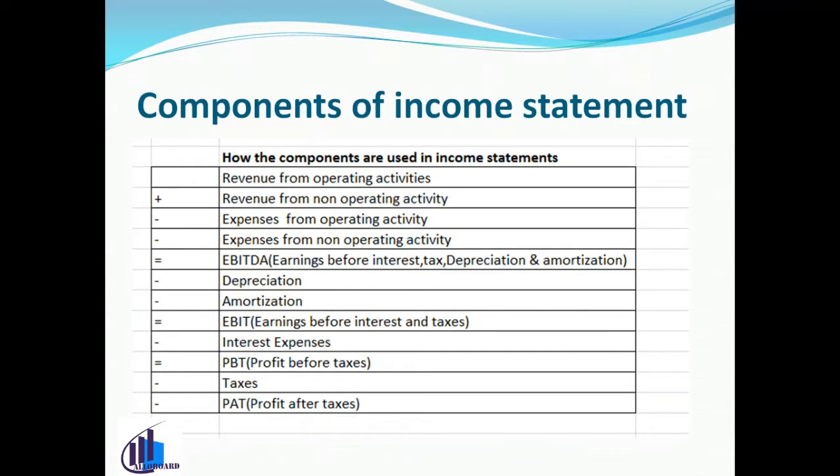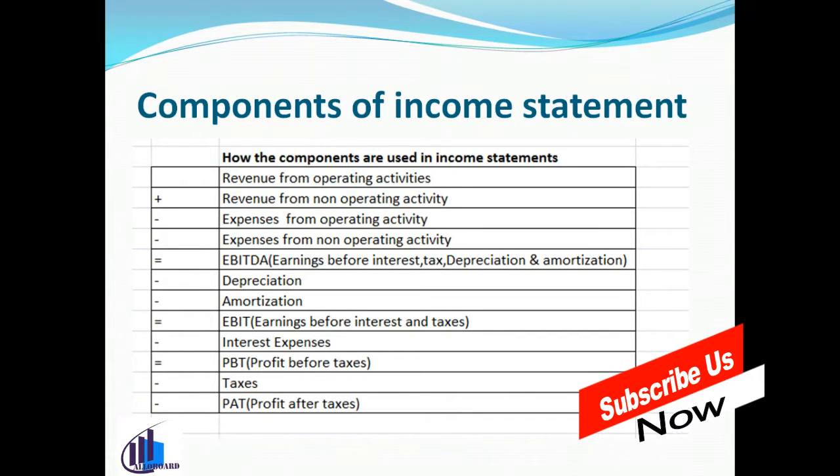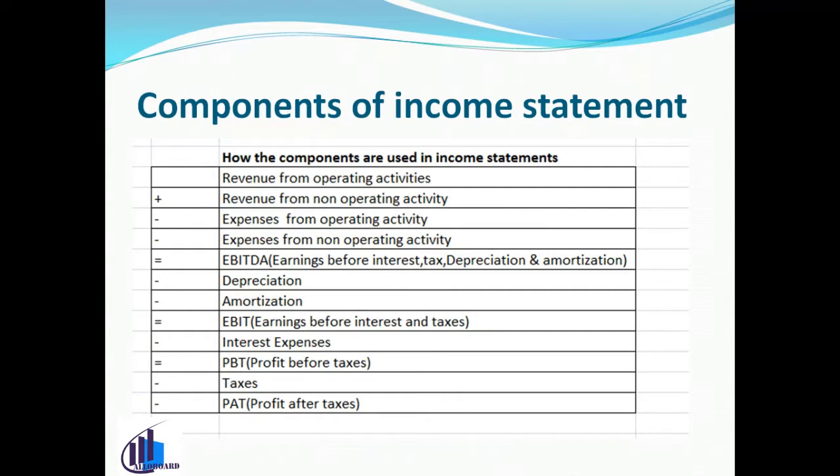So after we add up the revenue and subtract the expenses, we arrive at earnings before interest, tax, depreciation, amortization. After this we are going to subtract two items from EBITDA to arrive at EBIT, which is depreciation and amortization.